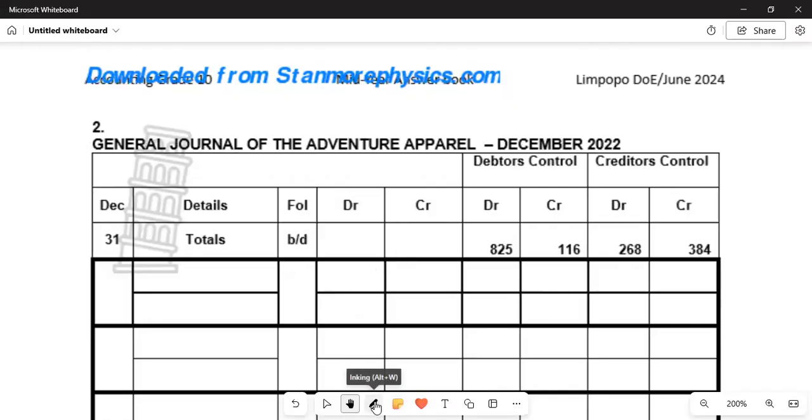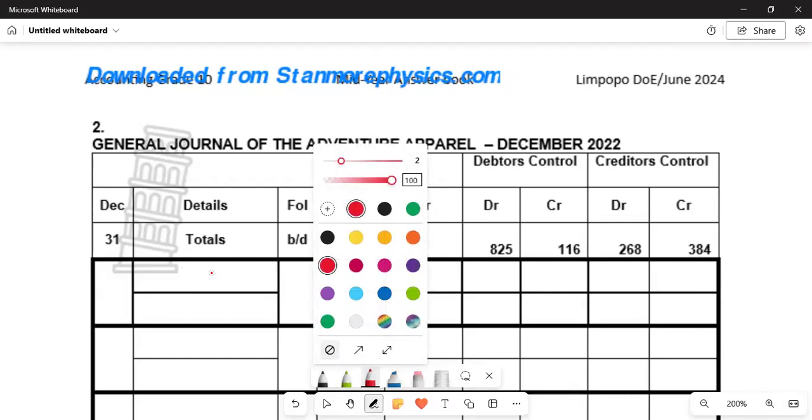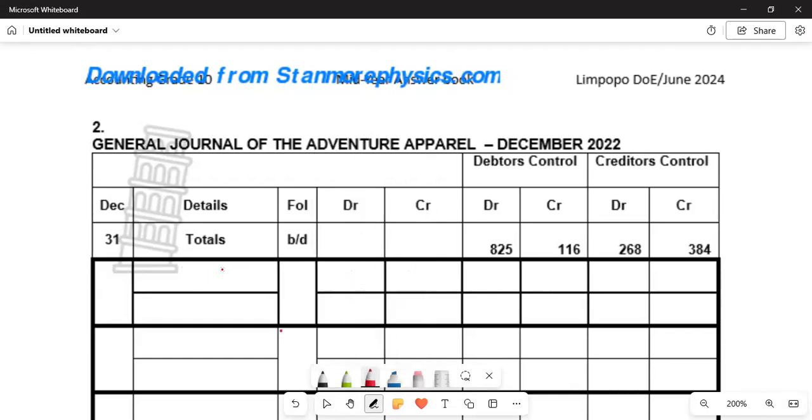So here we are under our general journal, where we are to record it. We are going to have bad debts and C Stokes.